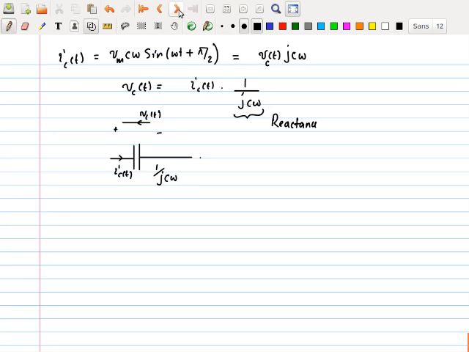Now, I would also like to show you the same sort of working for an inductor.